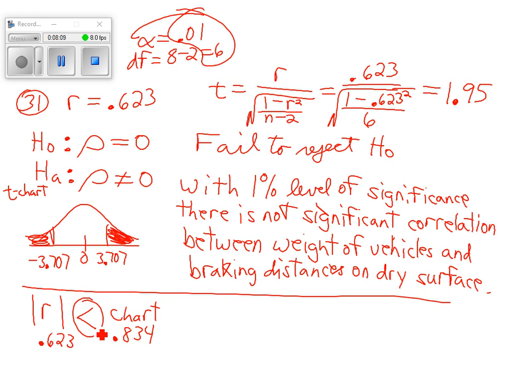If you did this bottom part, then we don't need any of this, we don't need this. But you still need this, and that. So we don't need to write the H0 and the HA? Not if you're using the chart method.